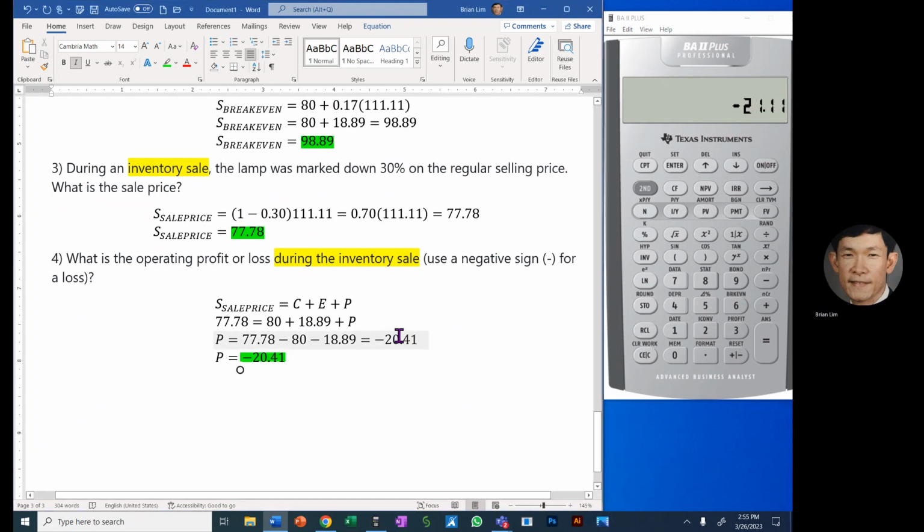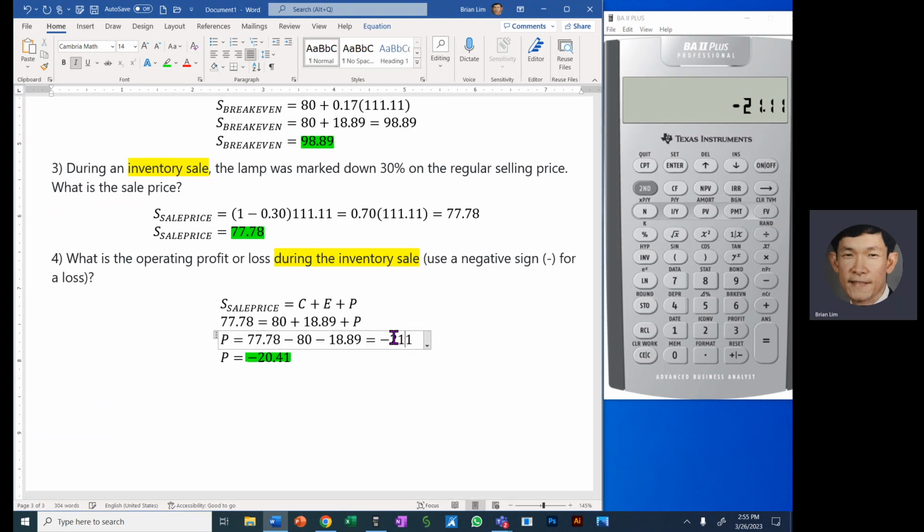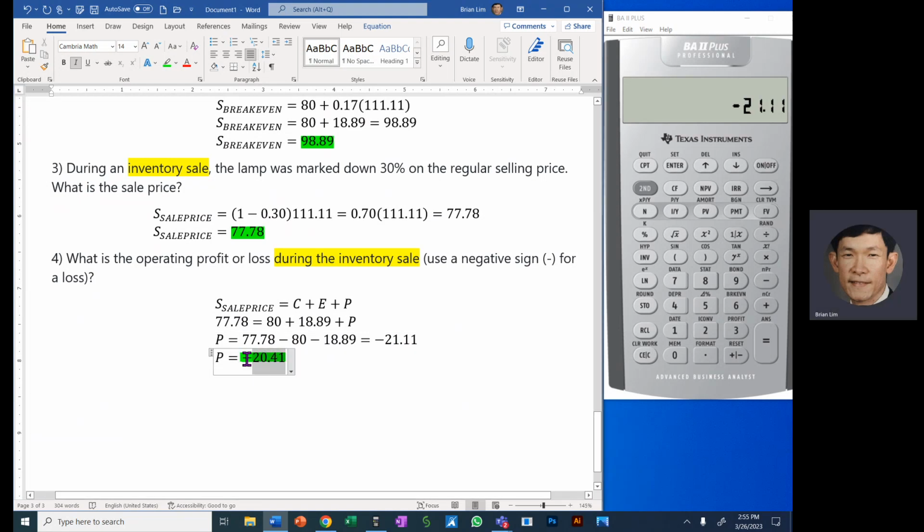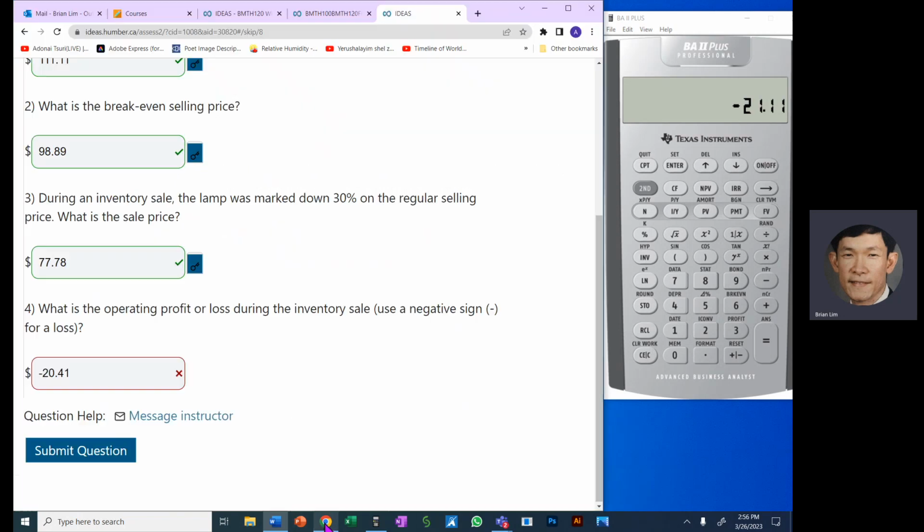Sorry, nothing's working very well today, I guess. 21.11. There we are. So I think finally we will get to our destination. Negative 21.11. Maybe the third time we'll get it correct. Let's see, 21.11.